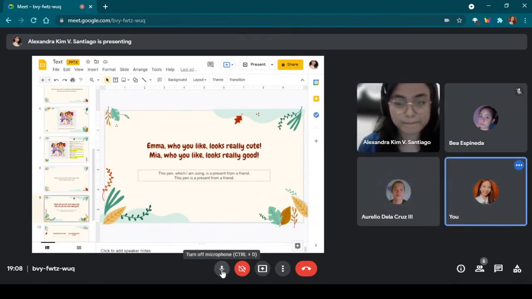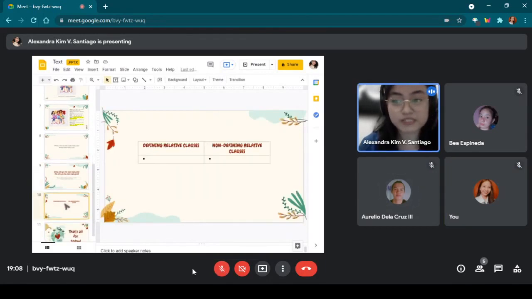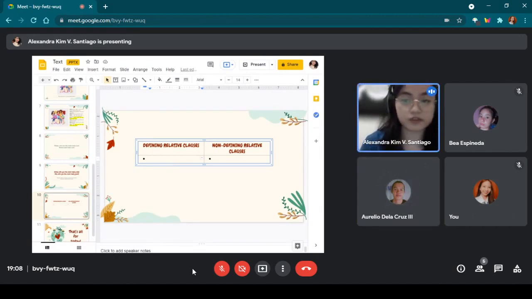None, ma'am. Good. So, before we end our discussion, can someone please differentiate defining and non-defining relative clauses? Anyone? Okay, go, Mr. De La Cruz.